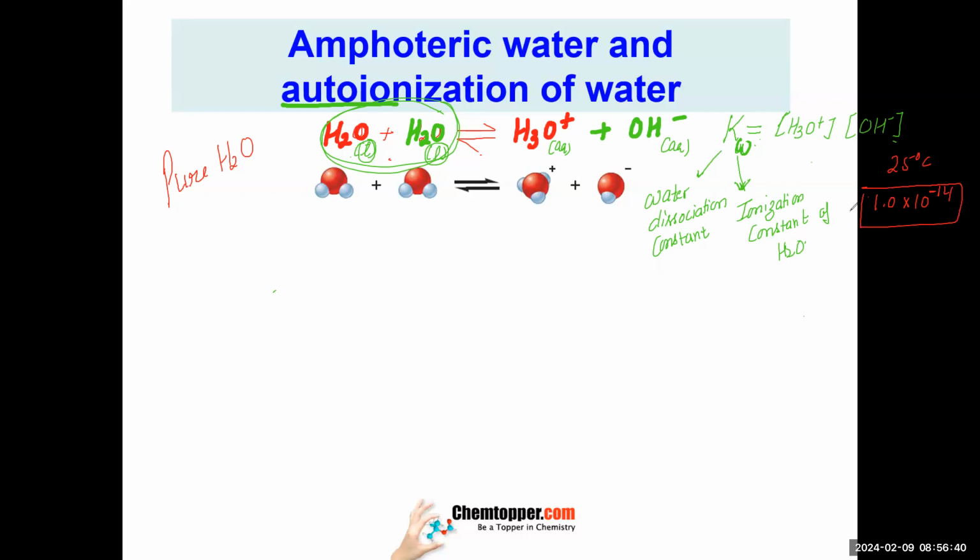Azuni is asking from where you picked up this value, 25 degrees Celsius. Azuni, if you remember from chemical equilibrium, the value of K depends on temperature. You remember that I told you in the Le Chatelier principle? Only temperature can change K value, only temperature. If you look at the question which we did together, every time with the K value, temperature is mentioned there.